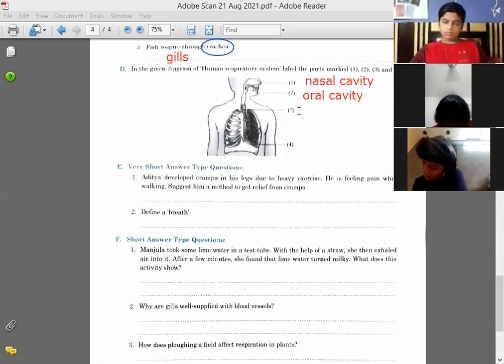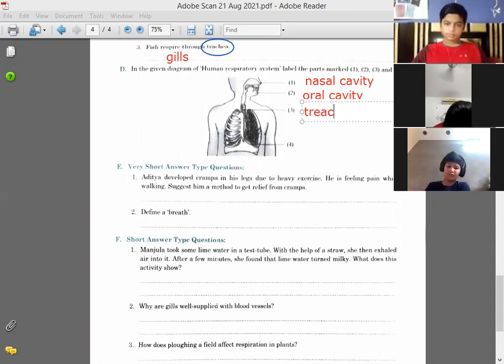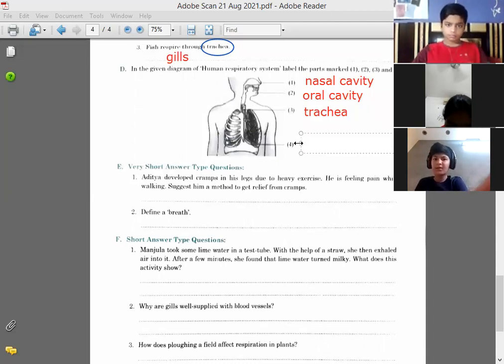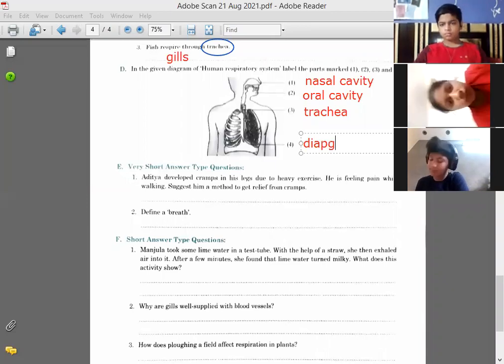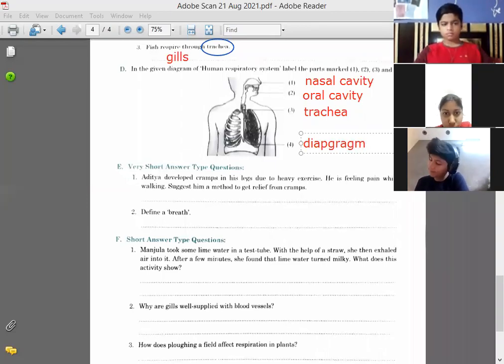Next, number 3 is trachea. Number 4, diaphragm. Okay.